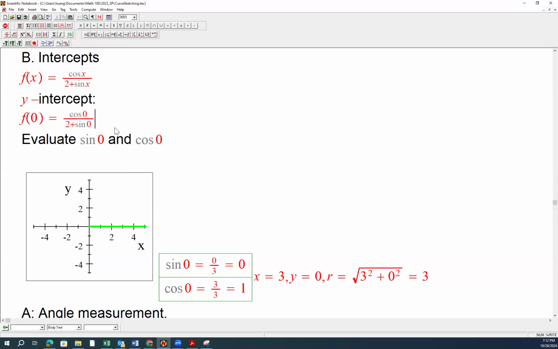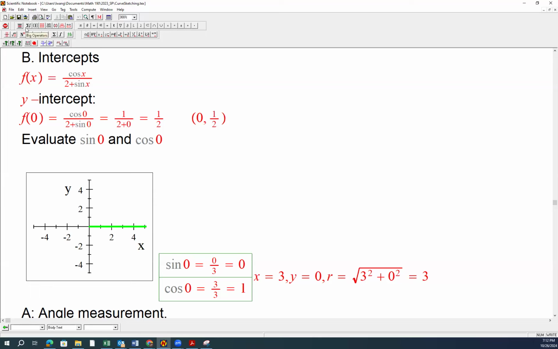Now we can plug in: cosine 0 equals 1, sine 0 equals 0. So finally, f of 0 equals half. This is the y-intercept. Basically, the input is 0, the output is half.